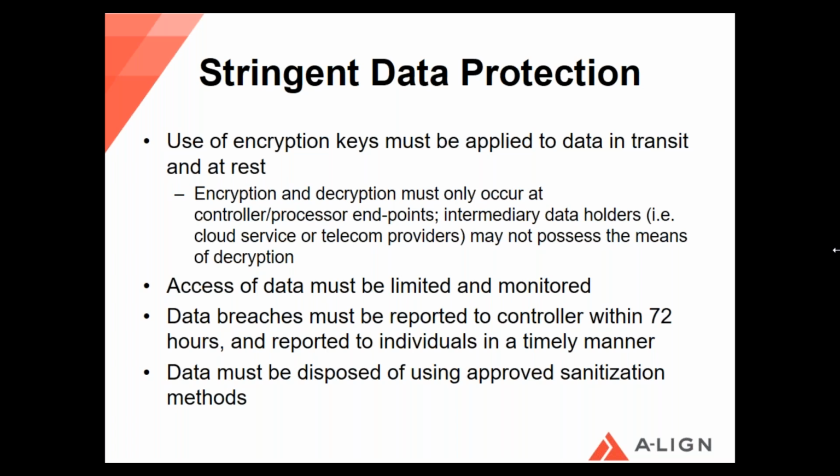Second point is access of data must be limited and monitored. We also talk about data breaches. As we mentioned, they have to be reported to the controller within 72 hours and reported to individuals in a timely manner. One of the things that you'll see required in the regulation is a defined breach response notification process.